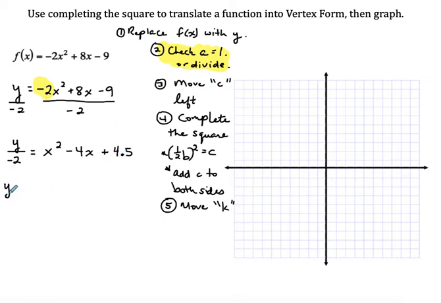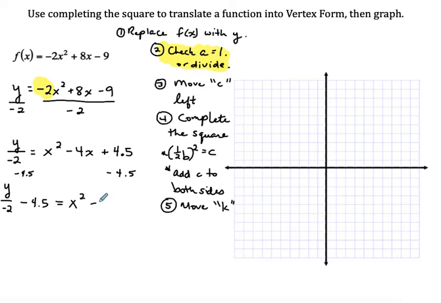Notice my left-hand side is starting to get a little jumbled, so I have to be very careful to keep everything written in order. So I've got y divided by negative 2 minus 4.5. And again, I have to be careful that I don't mess up my order of operations. So this would be done first, and then this is brought to it later.